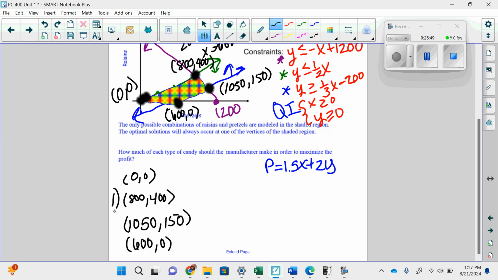But let's test these other ones. So testing this first intersection, we have 1.5 times 800 plus 2 times 400. So that ends up giving us $2,000.